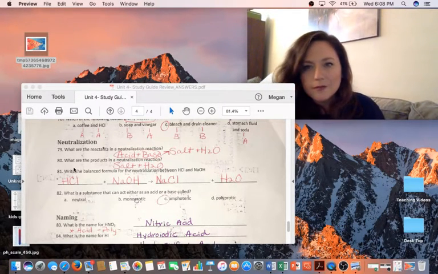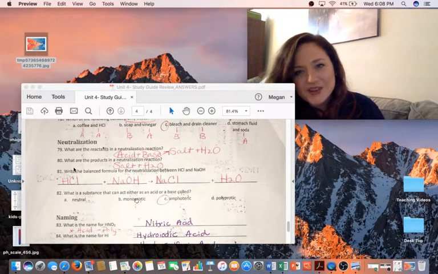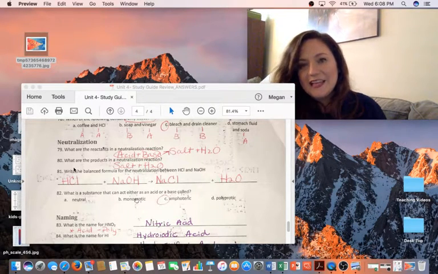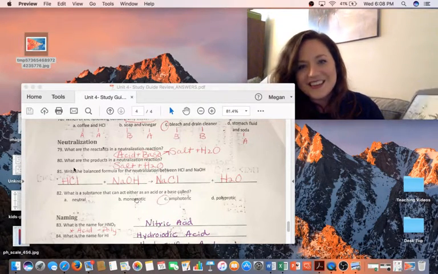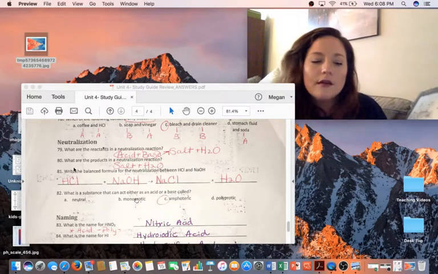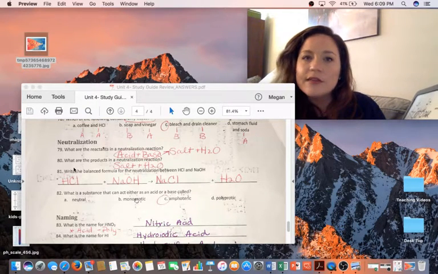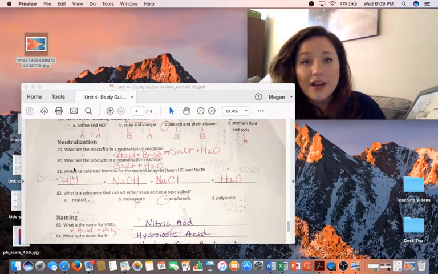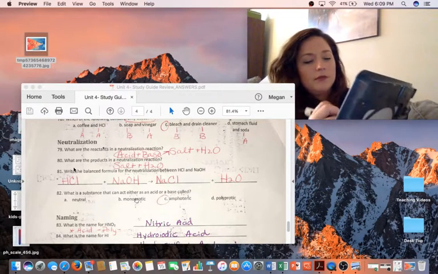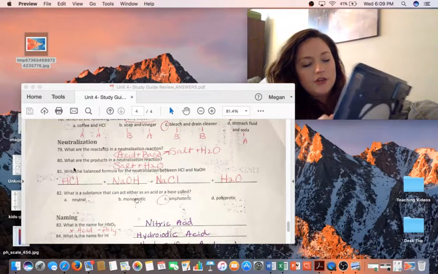Now remember, it's not just table salt. This is not only salt that you eat, even though that is one of them. It is one of those ionic salts, from the ionic naming and ionic formulas we practiced last semester, plus H2O.